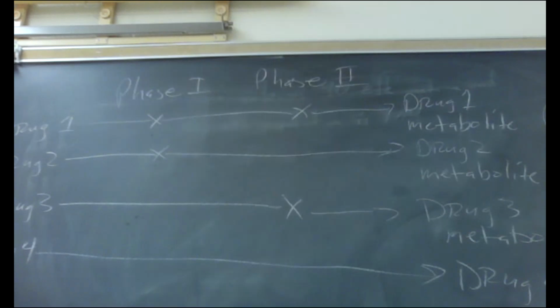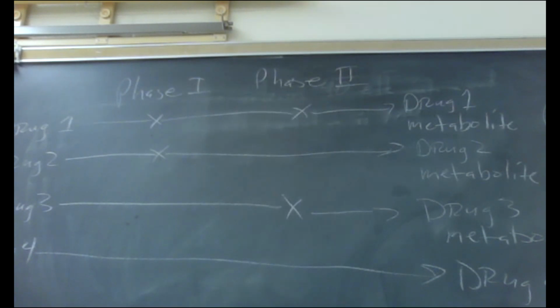So, what sorts of drugs are metabolized by 2D6? You don't have a list of substrates, but I'll just tell you a few to be aware of. Proton pump inhibitors tend to be metabolized by 2D6.